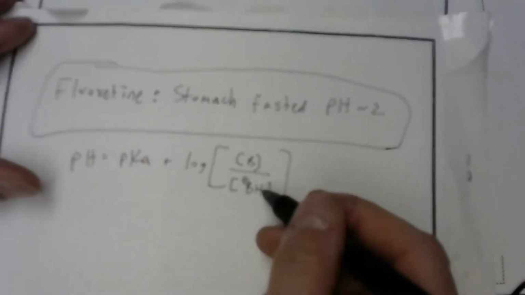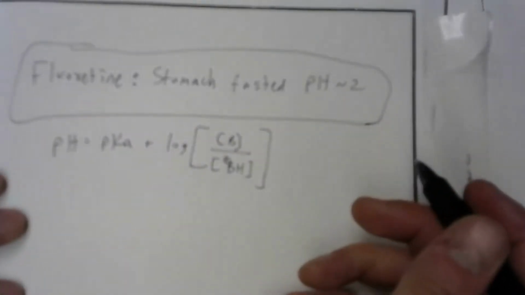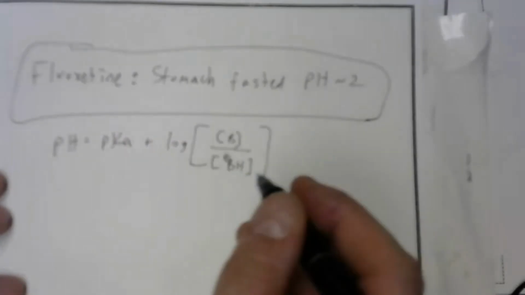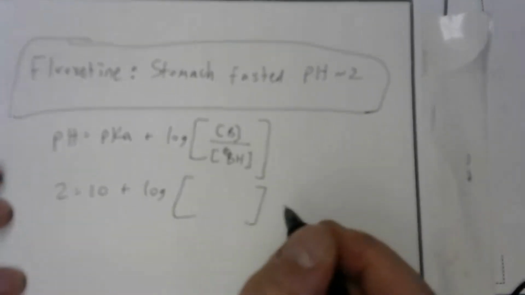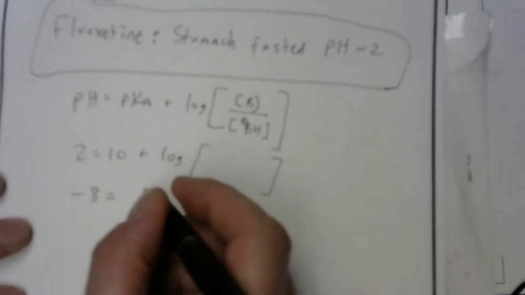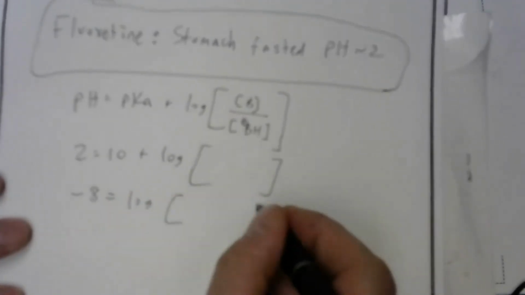Conjugate base, it's like the base version of the molecule. Okay, so that's 2 equals 10 plus logarithm, blah, blah, blah. Minus 8 equals the logarithm, blah, blah, blah.